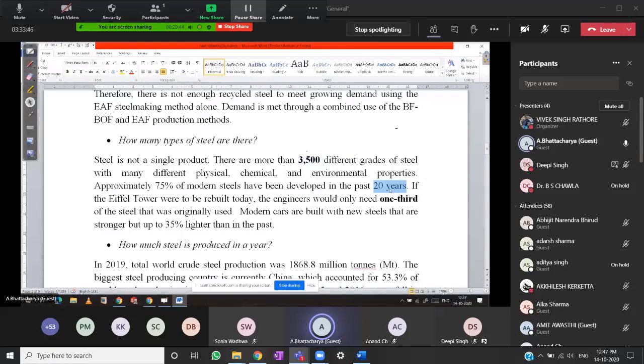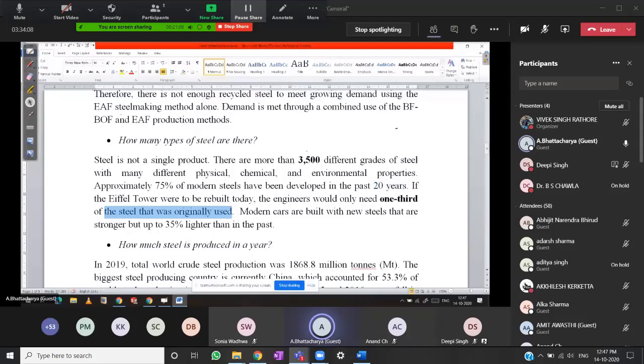Now, this statement: if the Eiffel Tower were built today, the engineers would only need 1/3 of the steel that was originally used. So you can imagine how much development has taken place.